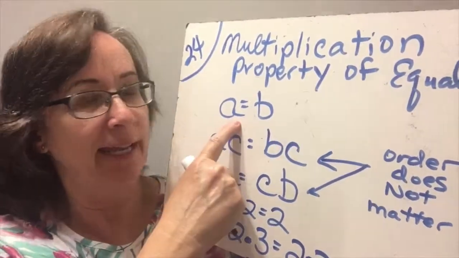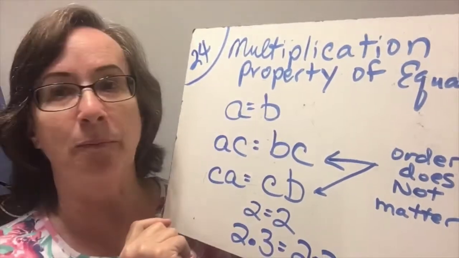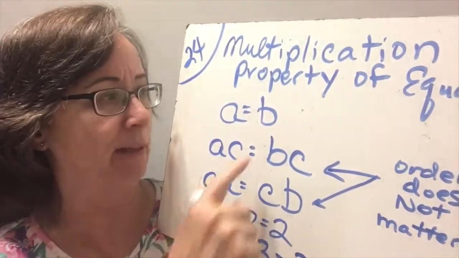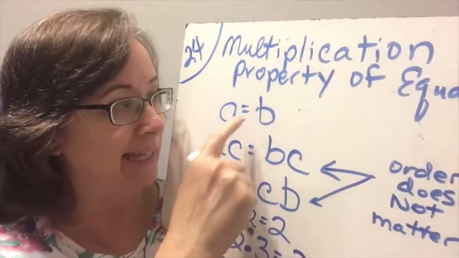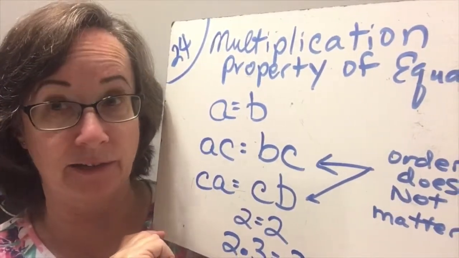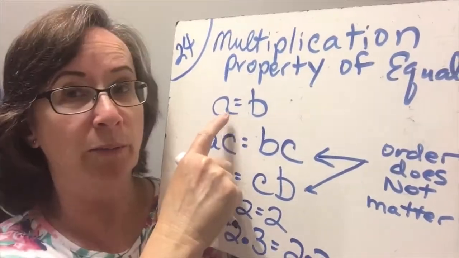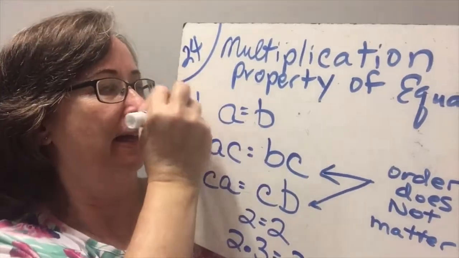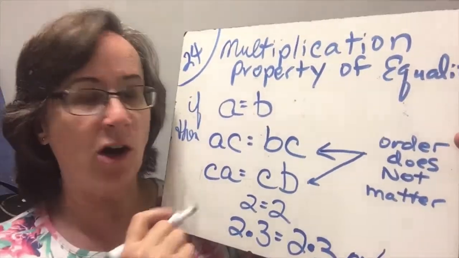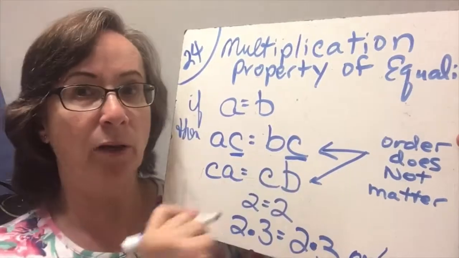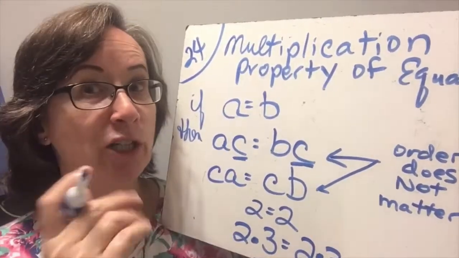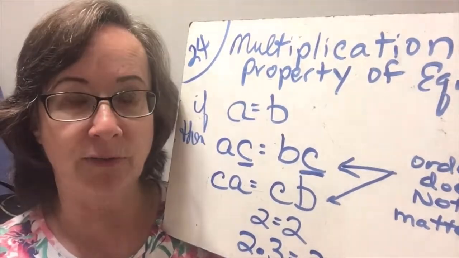But here we start with A is equal to B. Okay, that's a true statement. If A is equal to B, then we can have the equal sign there. The equal sign means that the left-hand side is equal to the right-hand side. True? Okay, so now, if A is equal to B, and we have some constant C, we can multiply both sides by C, and we should still have an equivalent statement.